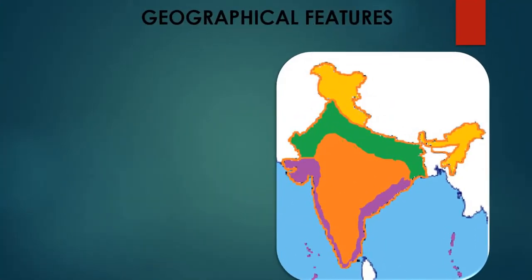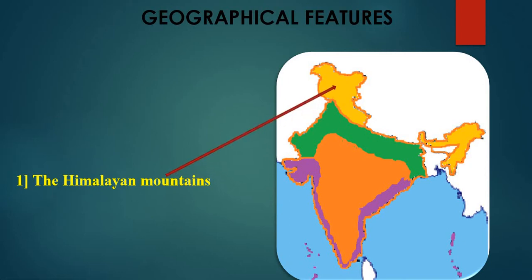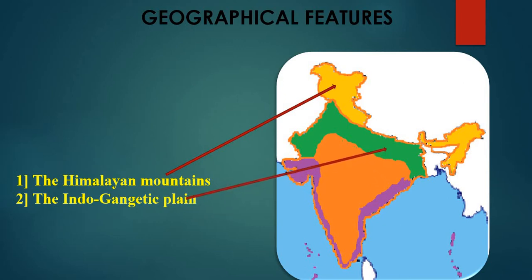So let's talk about some of the geographical features here. India has been divided into 4 parts. One is covered with the Himalayan mountains, which we chose in yellow color. The second one we call the Indo-Gangetic Plain, which is in green color.